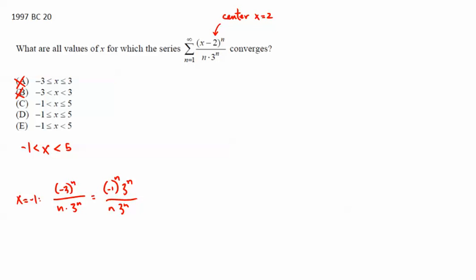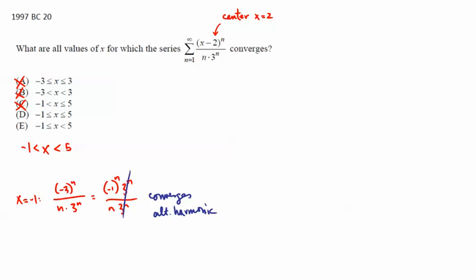And seeing that my 3 to the n's will cancel, that leaves me with the alternating harmonic series. Converges. So I know even further now that C cannot be the answer since -1 converges.